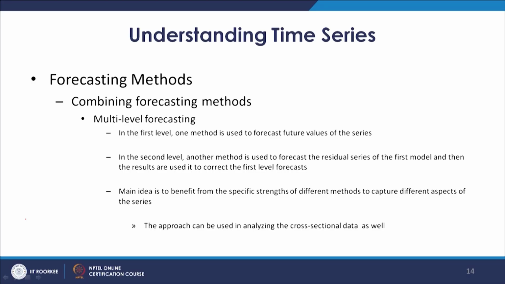Let us move forward. Within forecasting methods, there is another approach that can be tried out, which is combining forecasting methods. Either we can go for a regression based statistical method, or smoothing methods, or data mining methods. However, we can also use some of these methods from these different approaches together.